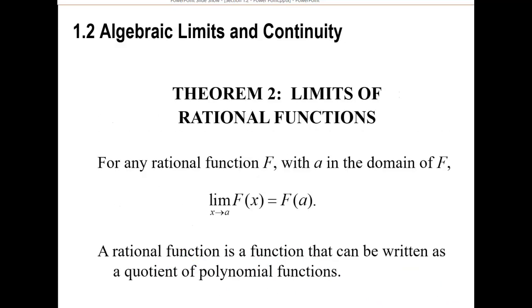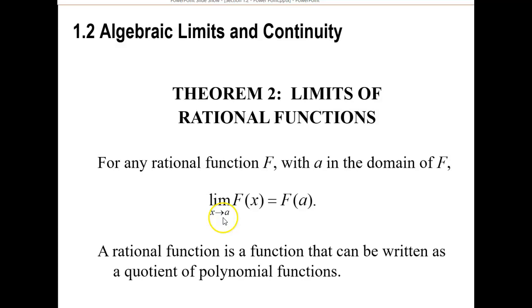All right, and then when you put all those together, we can establish what we call theorem 2, which is limits of rational functions, and this also applies to polynomial functions. For any rational function, capital F, with a in the domain of f, this part is extremely important. The value x is approaching, a, has to be in the domain of your function, otherwise you cannot apply this theorem. The limit as x approaches a of capital F of x is simply f of a.